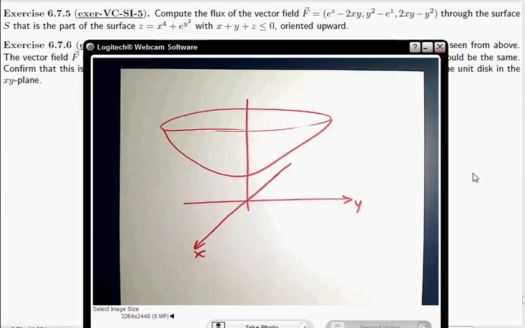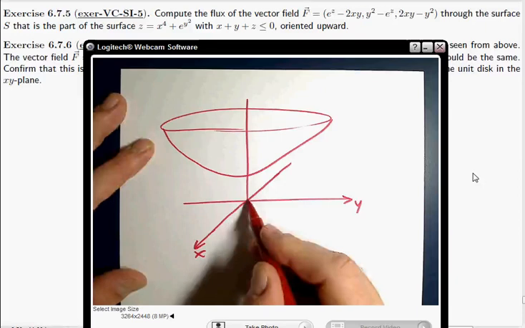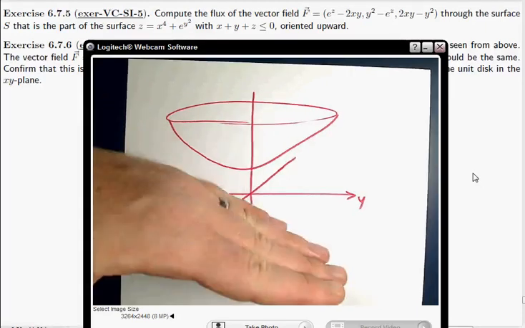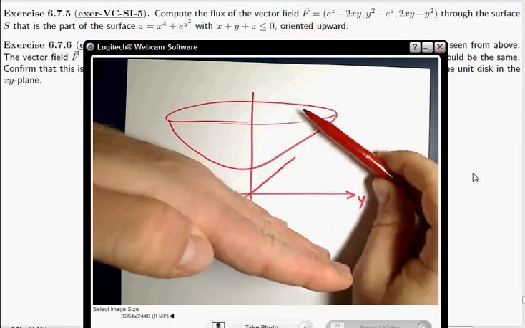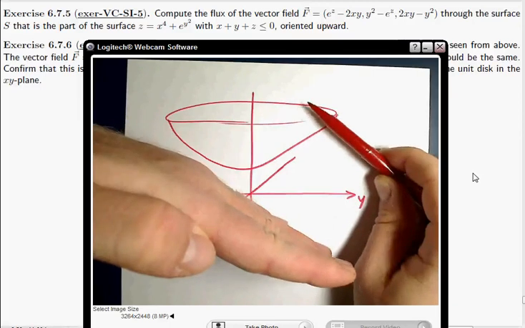Now my concern is I see that I have x plus y plus z less than or equal to 0. I think I was just being sloppy there. I must have meant x plus y plus z less than or equal to 1, because that plane goes through the origin, and it's not clear that it intersects this surface at all. I think this is a typo in the problem.